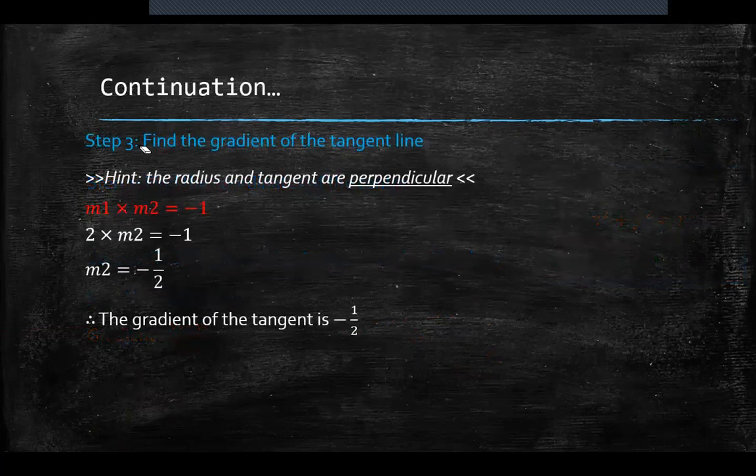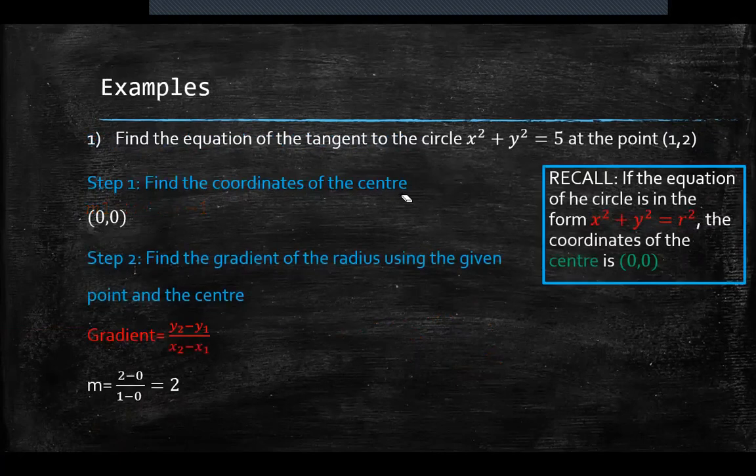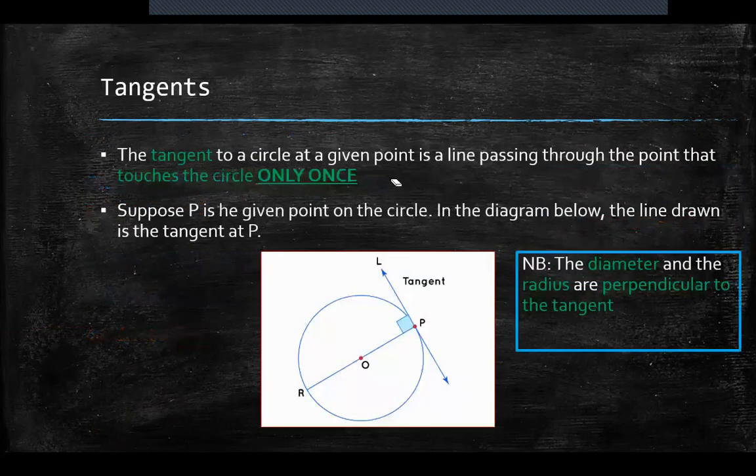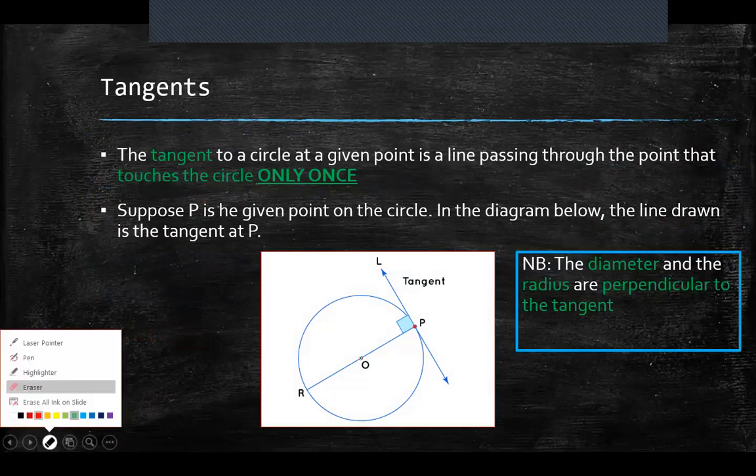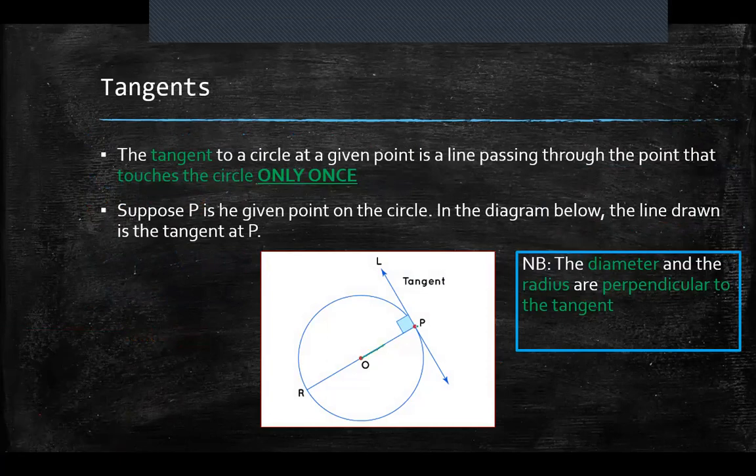Okay, the third step is to find the gradient of the tangent line. This is a hint here, the radius and the tangent are perpendicular. Remember I told you to note that from this slide, look, the diameter and the radius are perpendicular to the tangent. This is your radius in green.